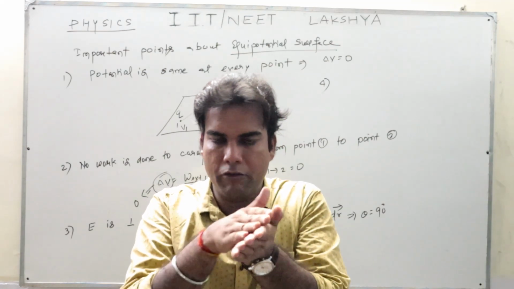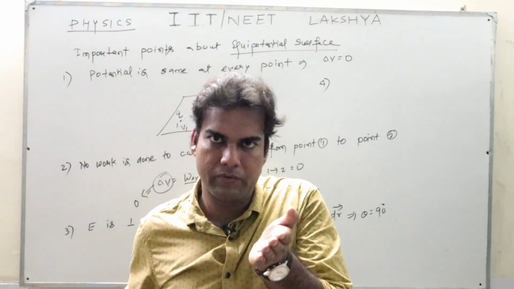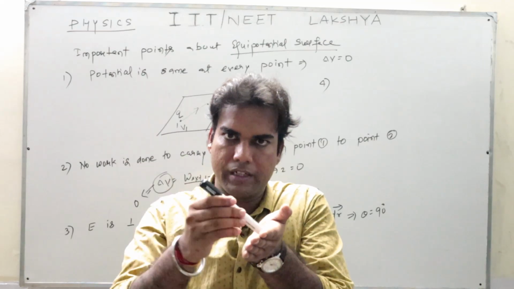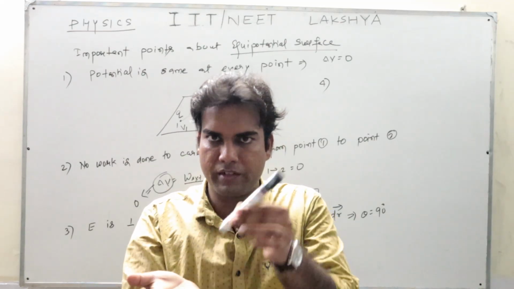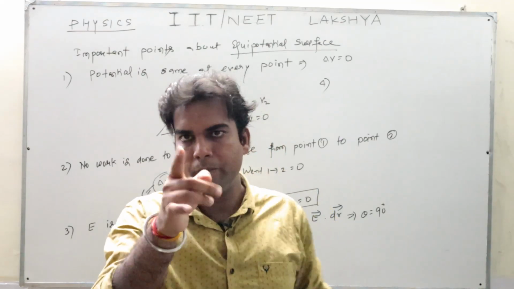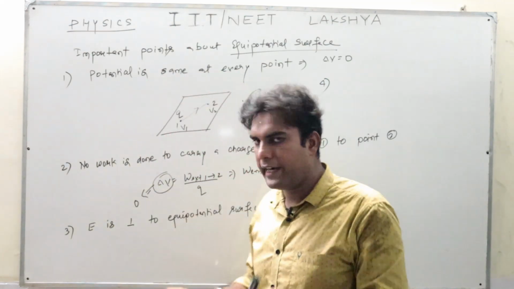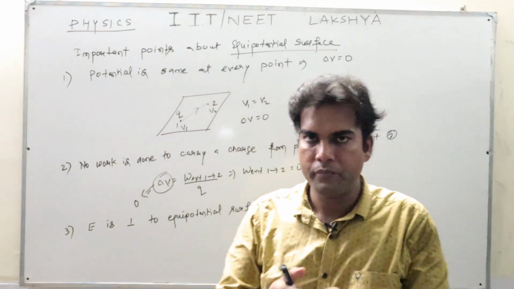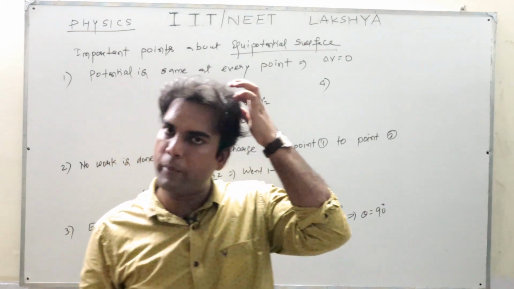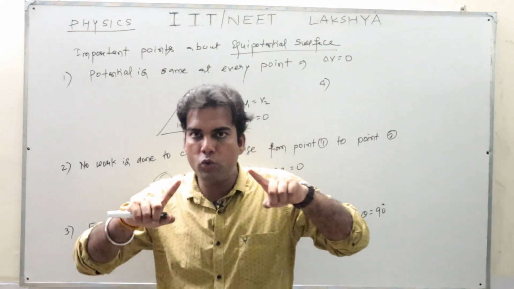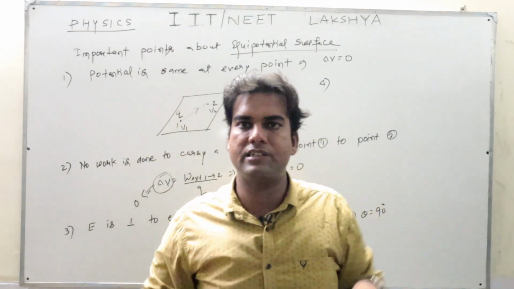For this equipotential surface, this is the direction of electric field, and for this equipotential surface, the direction of electric field will be like this, because electric field is always perpendicular to the equipotential surface. Now, we have already learned in the properties of electric field lines that two electric field lines can never intersect each other.